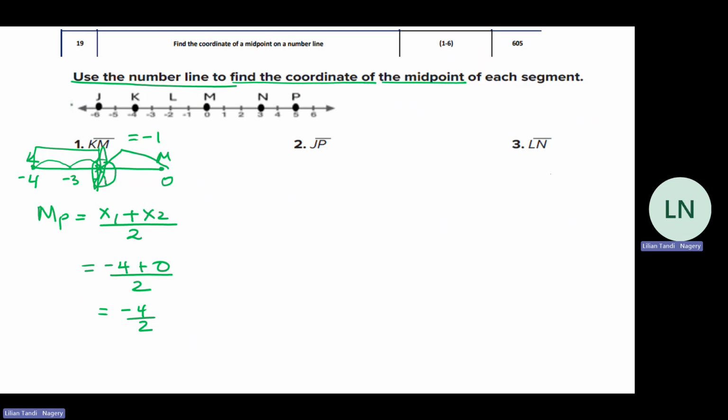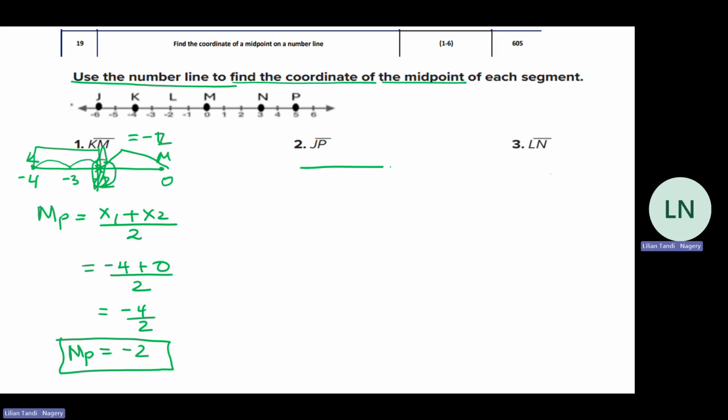I'm the one who labeled wrongly. From -3, I should go to -2, not -1. So the midpoint is -2. I box my answer. Remember, it is a point, so it doesn't have units.